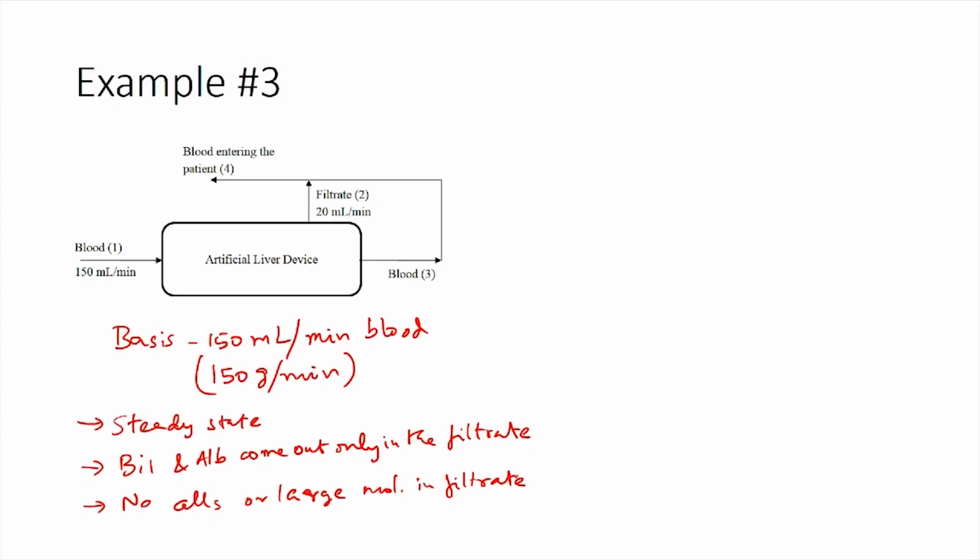So, now that we have the system and we have all the information, we can start writing the balances. The total balance would not be of much value to start with. Because of that we will start with the component balances. In this case we will first start with the bilirubin balance.